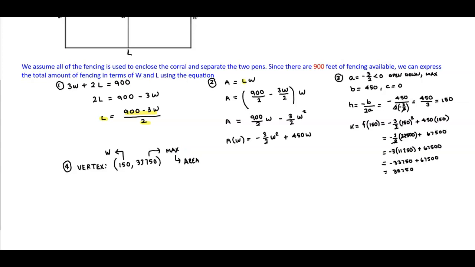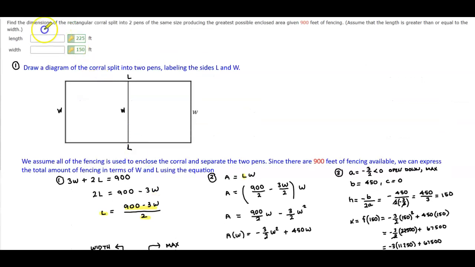Let me go ahead and rewrite that. Now we use the formula for the area. We know that the area, A, is equal to the length times the width. We know the width is 150, and we know the area is 33,750. They wanted us to find the dimensions of the rectangular corral.